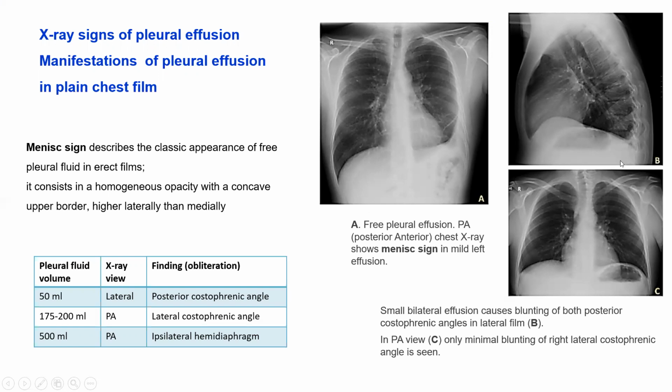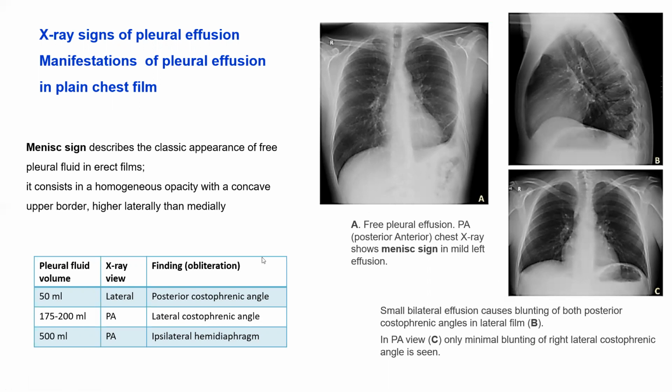In the other images, image B shows a small bilateral effusion. In this patient, the small bilateral effusion causes blunting of both posterior costophrenic angles in the lateral film. And image C, in the posterior-anterior frontal view, shows only minimal blunting of the right lateral costophrenic angle.